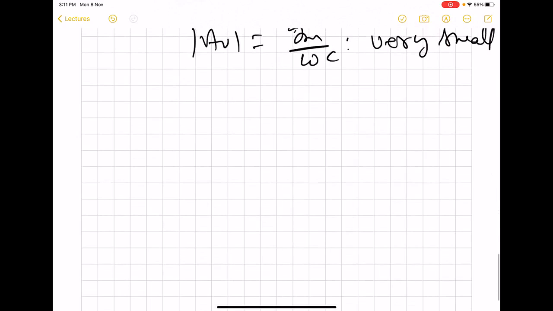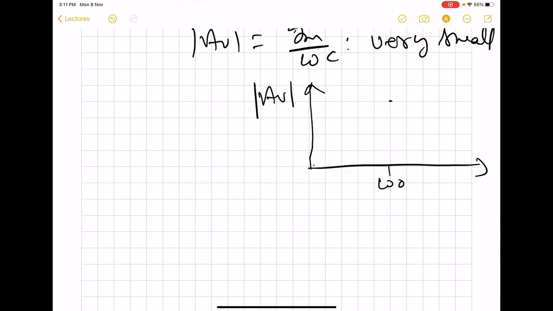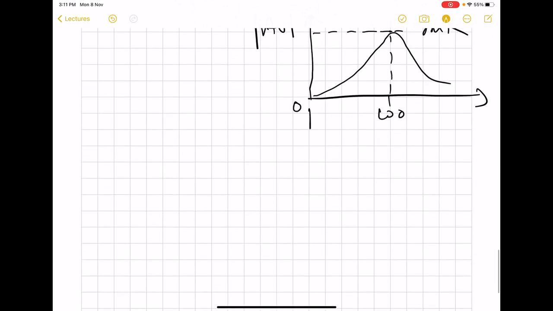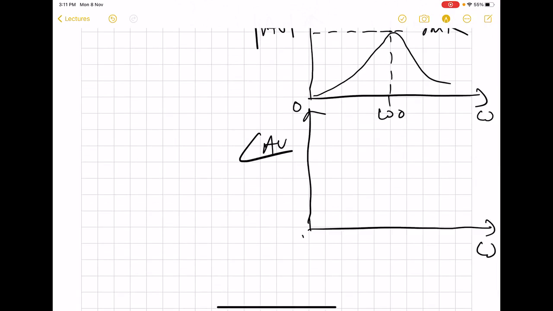So now we can make the plot of the magnitude and the phase of the voltage gain. For the Av magnitude, we see that it attains the maximum value at omega naught, and this is going to be equal to gm R. And regarding the phase, we see that it starts from a maximum of 270 degrees and comes to a minimum of 90 degrees.